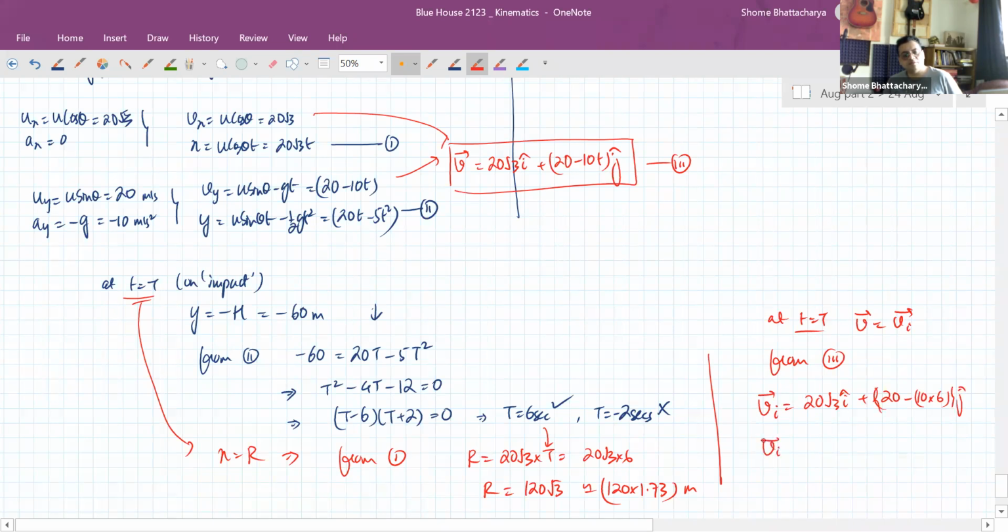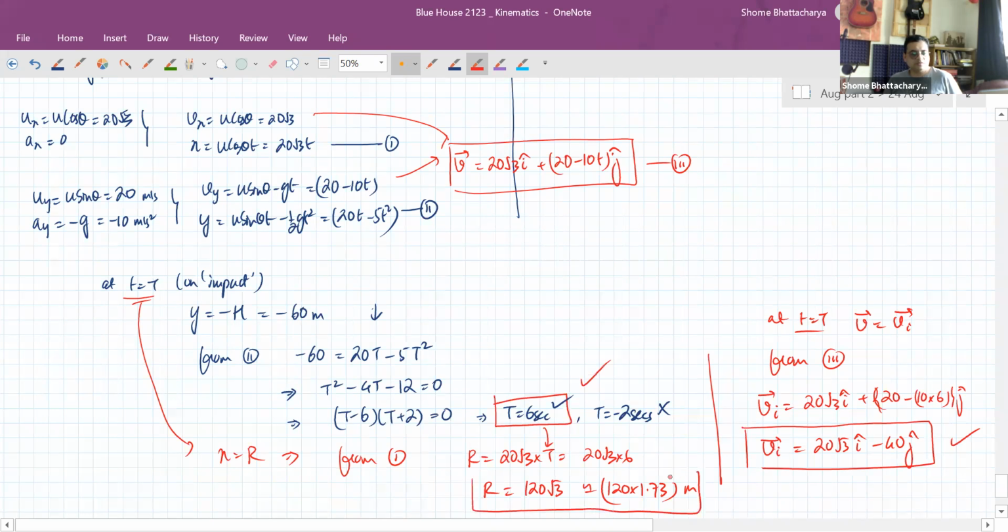So you can see the impact velocity will have a horizontal component of 20 root 3, but a vertical component of minus 40. So I've got the time, right? I've got the range, I mean the horizontal displacement at the impact point, and I've got the impact speed.